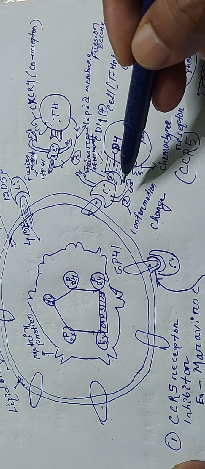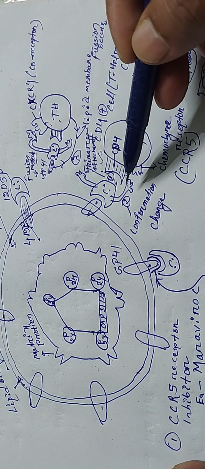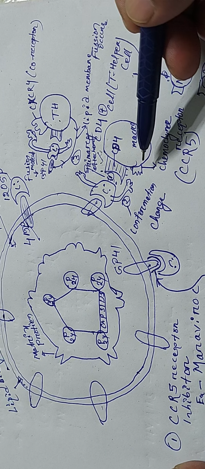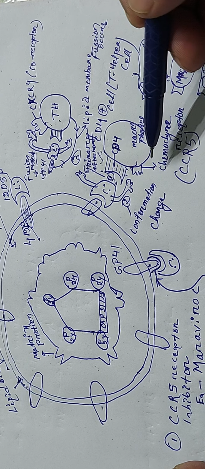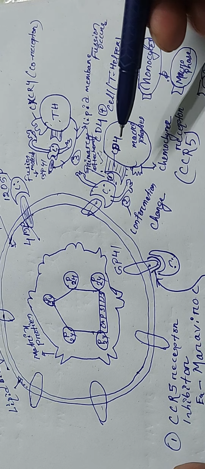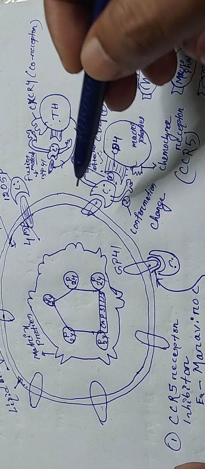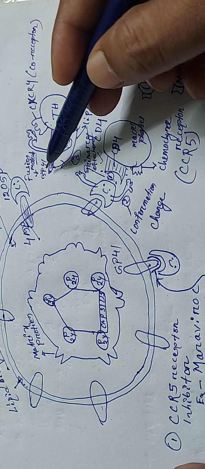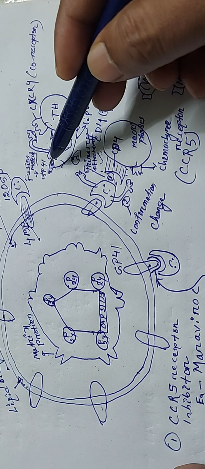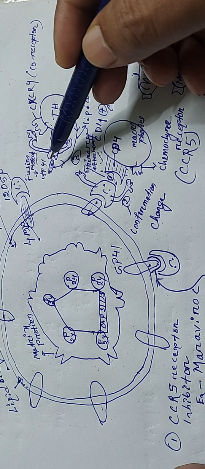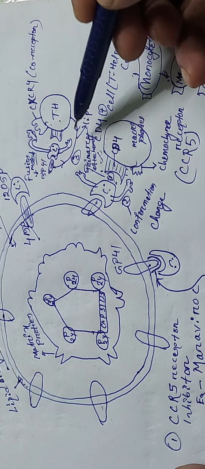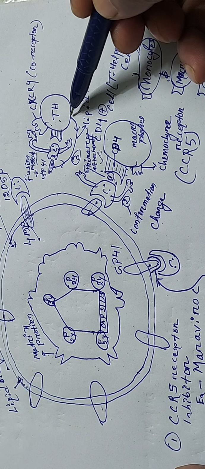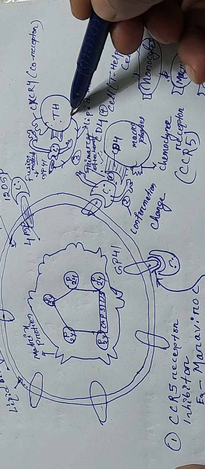Here, after binding of this projection with the chemokine receptor, that is CCR5, the virus has another protein, that is GP41. This GP41 forms a lipid membrane that attaches with the cell membrane.